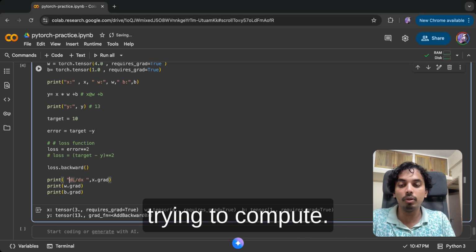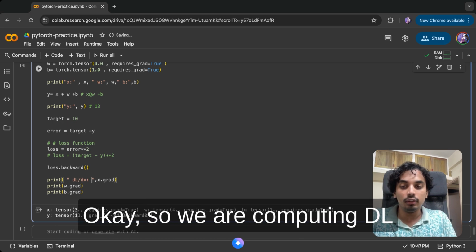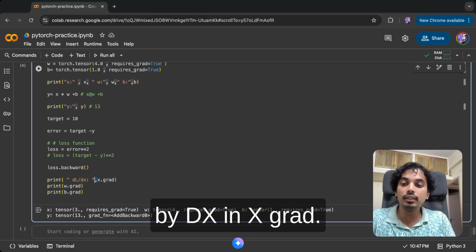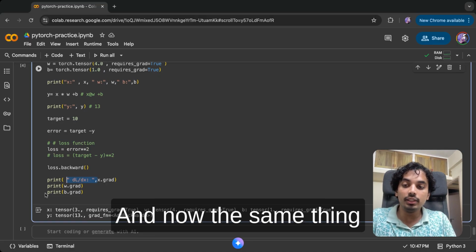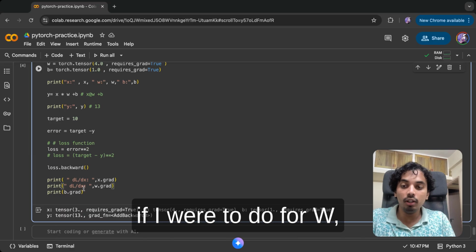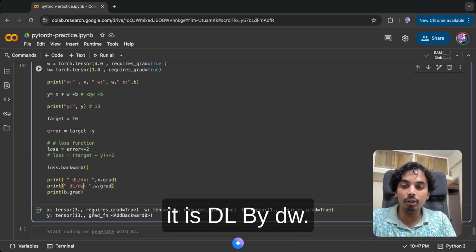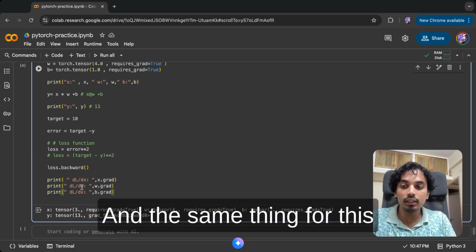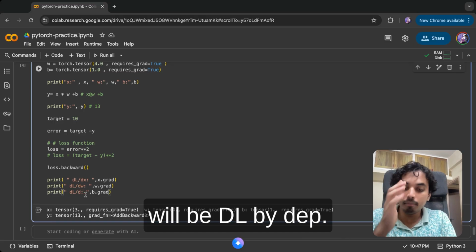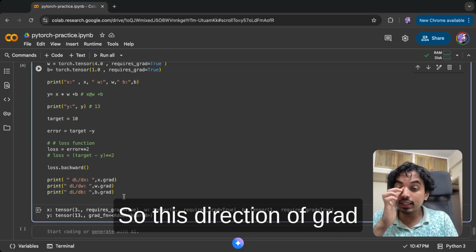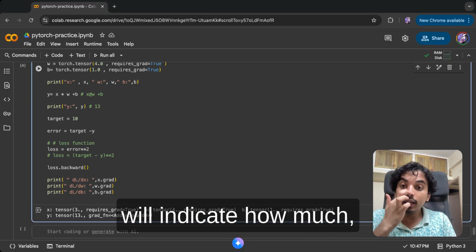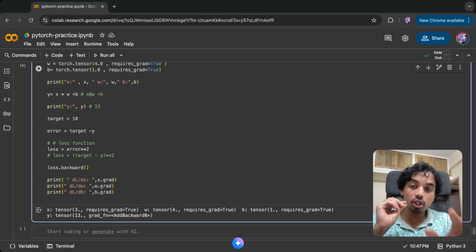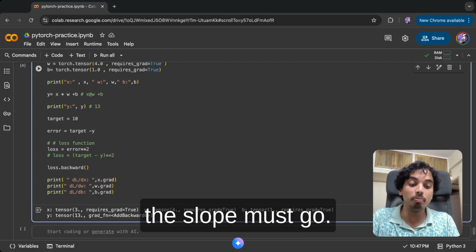So we are computing dl by dx in x grad. The same thing for w is dl by dw, and for b it is dl by db. So this grad will indicate in which direction the slope must go.